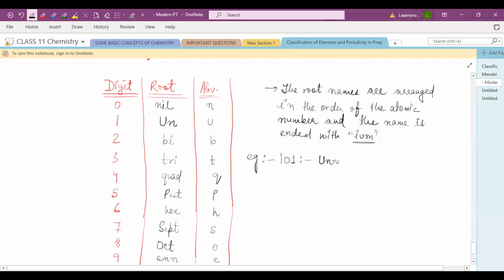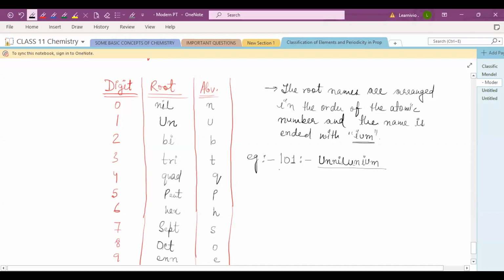And for 1 again, it is un. So un, nil, un, and the name ends with ium. So the name is Unnilunium.